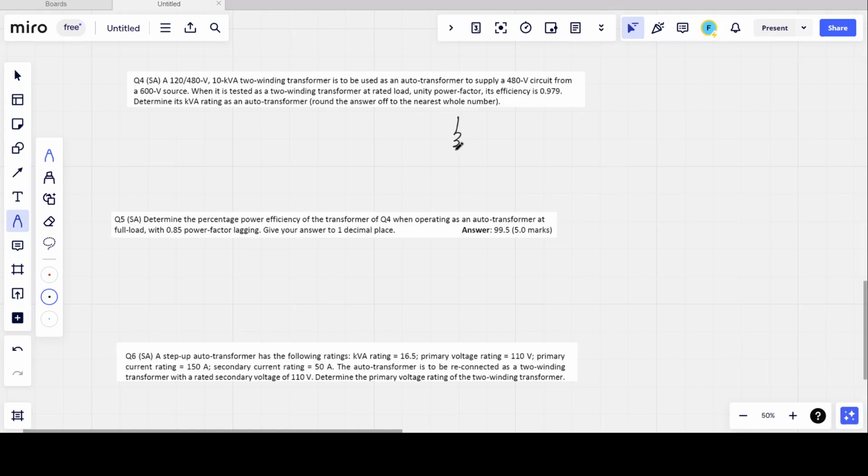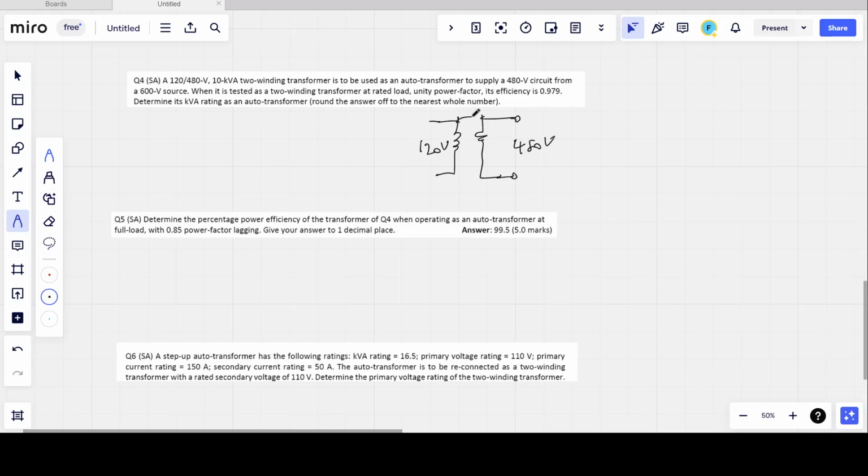Let me just put it here. And then it's going to be used to supply 480, right? So this is the secondary side, and this is also my output, which is 480 volts. That's the output, and this is 120 volts.